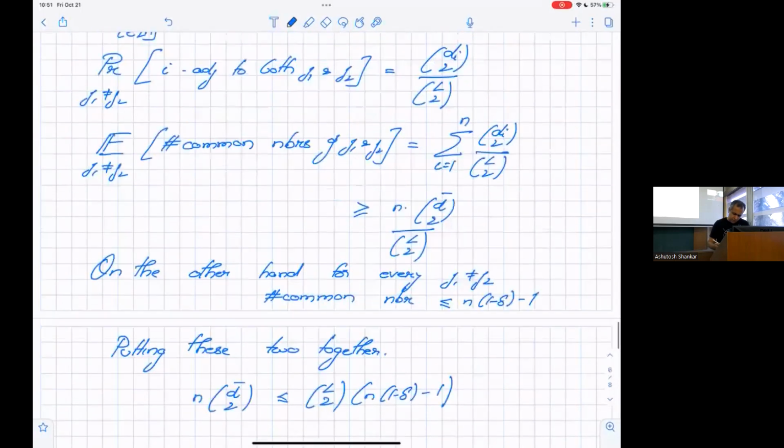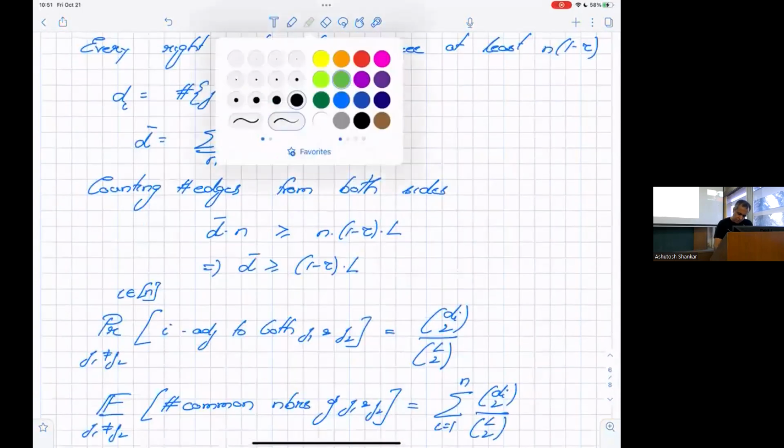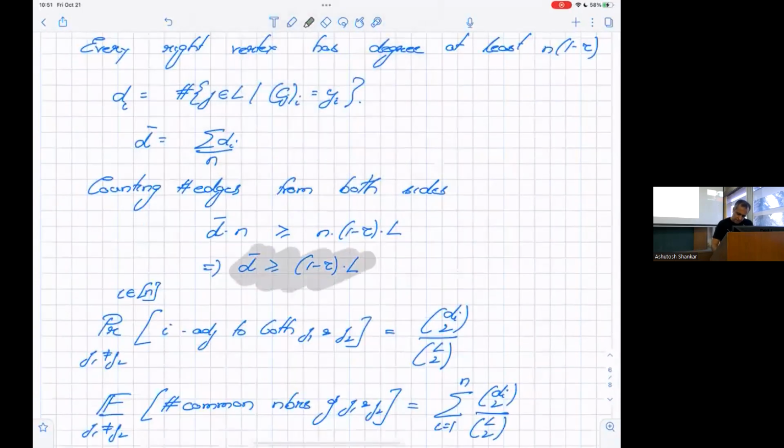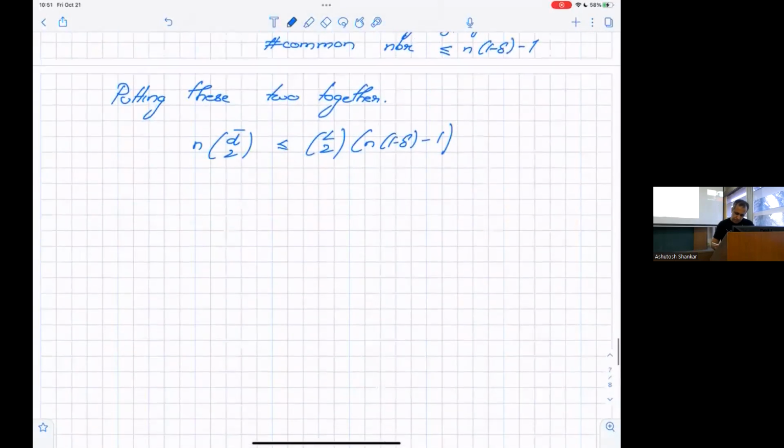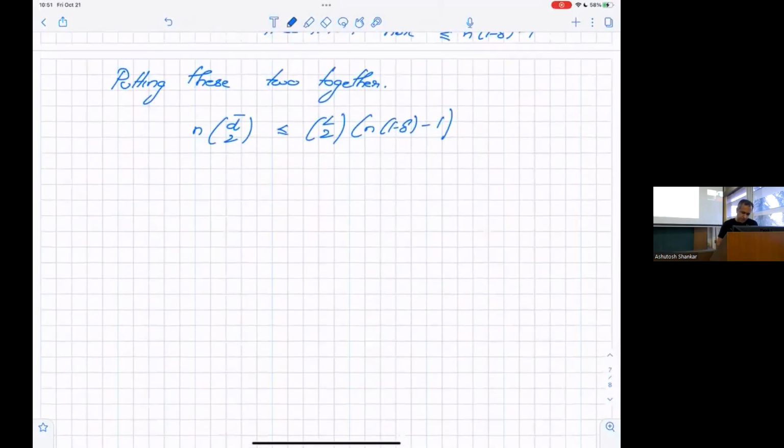We're going to use one factor. Let's go ahead on to the right first. N into L minus 1 by 2, n 1 minus delta minus 1. That's the right hand side. The left hand side is an n over here.